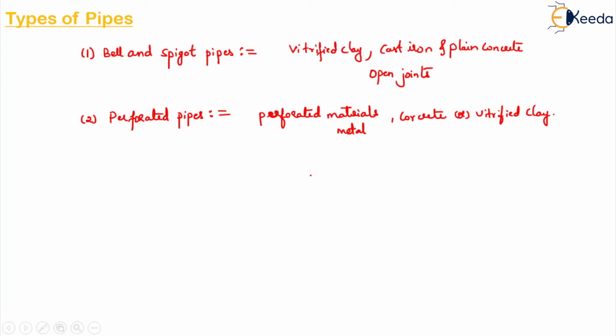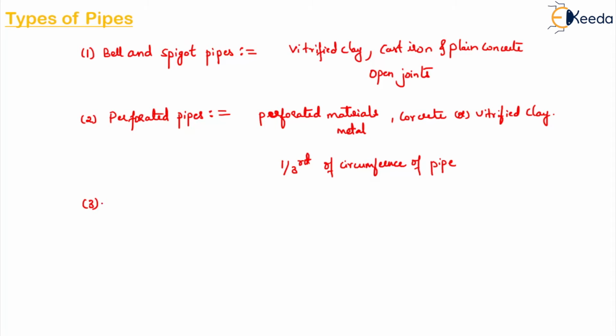These joints are sealed and the perforations normally extend over about 1/3 of the circumference of the pipe. So basically they don't have an open joint, they have a closed joint. And the perforated area is generally placed adjacent to the soil.